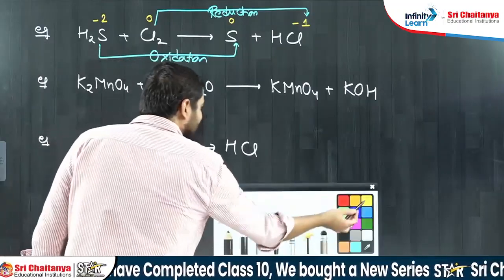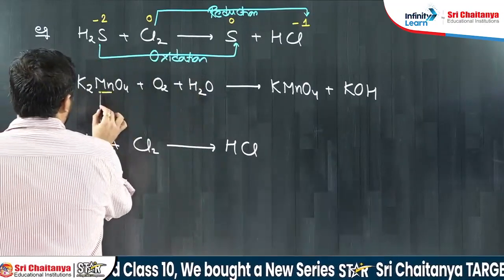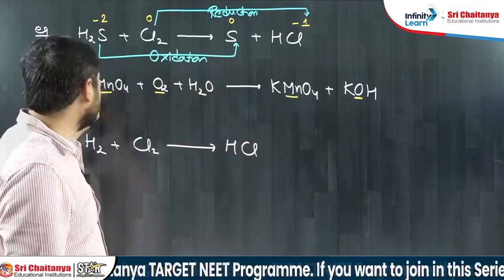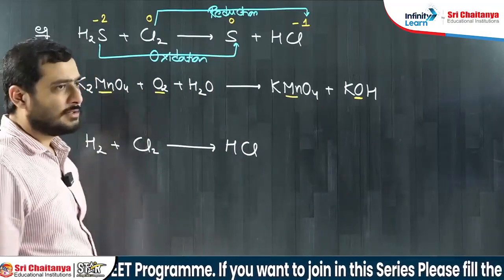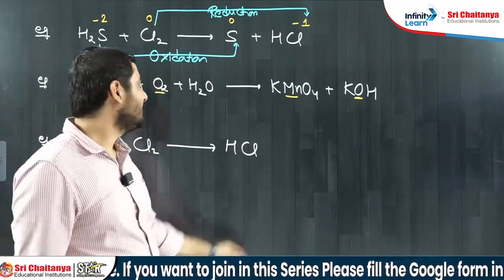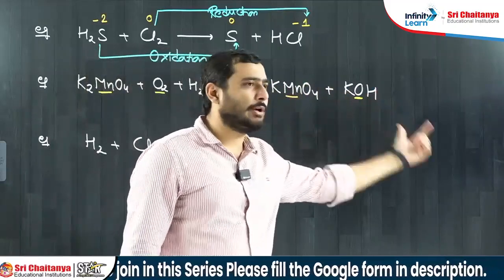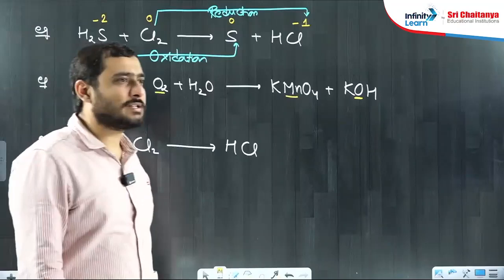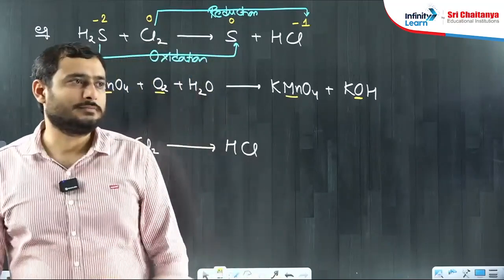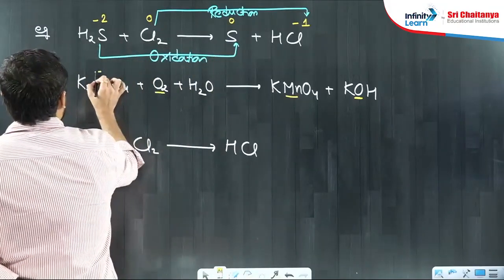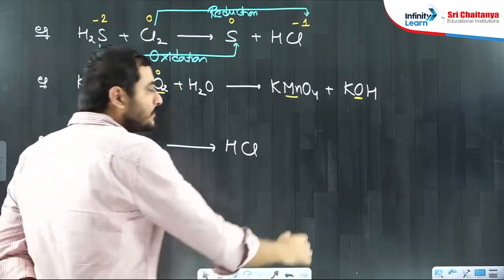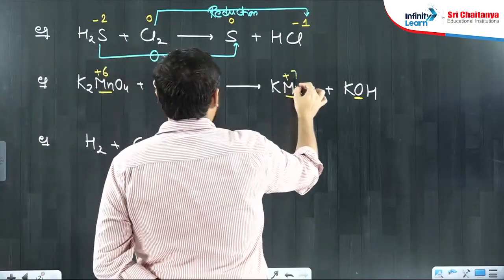Now move to the next example, the second one. I will highlight. Find out the oxidation number for these: in K2MnO4 for manganese, in O2 for oxygen, in KMnO4 for manganese, in KOH for oxygen. Then you can easily identify which will get oxidized and which will get reduced. Try to solve. So manganese here, if you find, is plus 6 oxidation number. Here O2, what will you get? 0. Here manganese is plus 7.